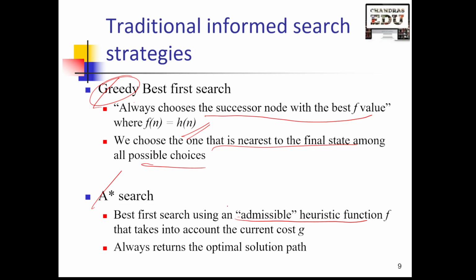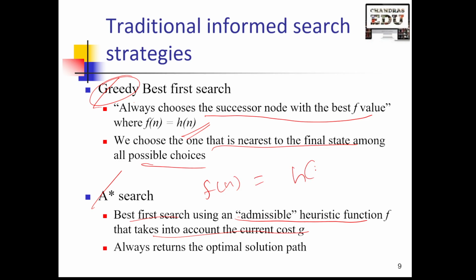Whenever h of n is admissible, then f of n is also admissible, and we can get the best solution, or we can say we can reach the solution with the lesser cost. So the same best first search we are using with an admissible heuristic function f of n that takes into account the current cost g of n. That means it takes f of n.